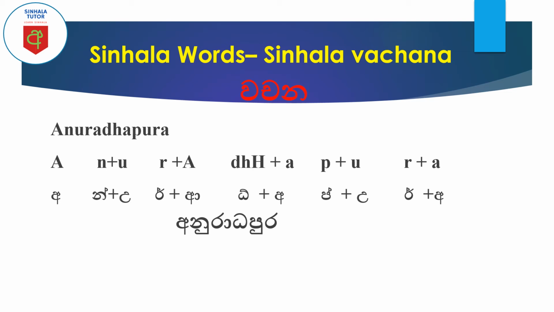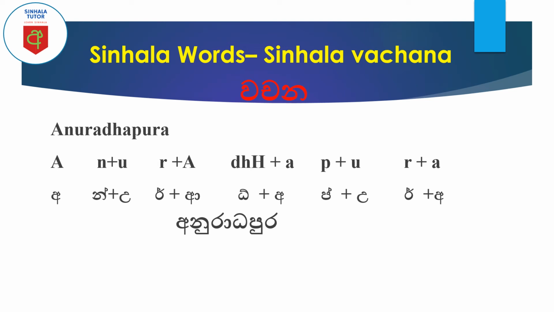And the next letter is dha. I have used DH for the sound, and the capital A again for the long vowel. So that is dha. The next letter is p plus u, the consonant p plus vowel u, and the result is pu.